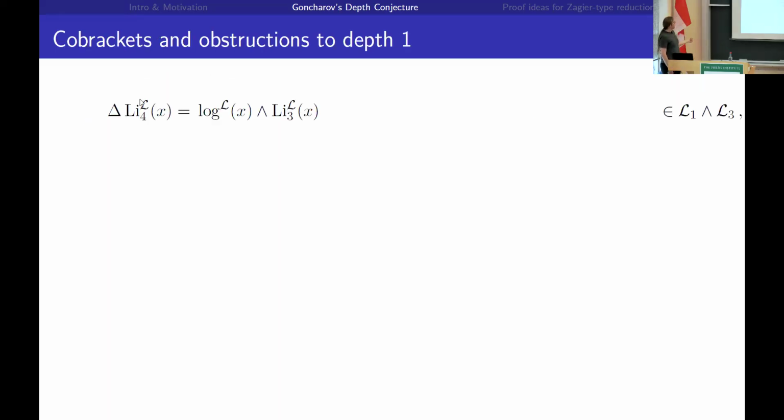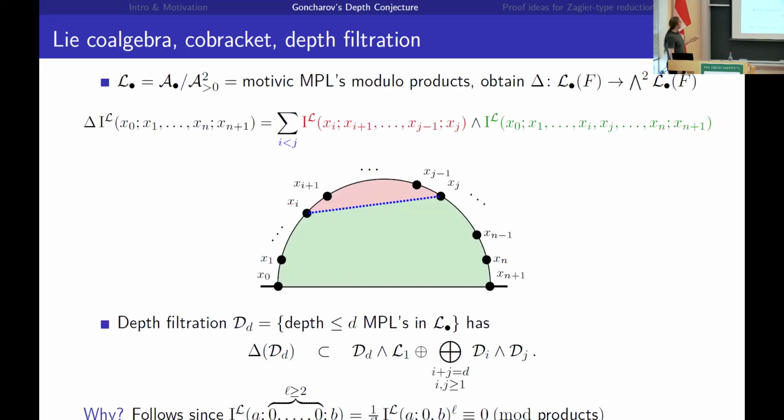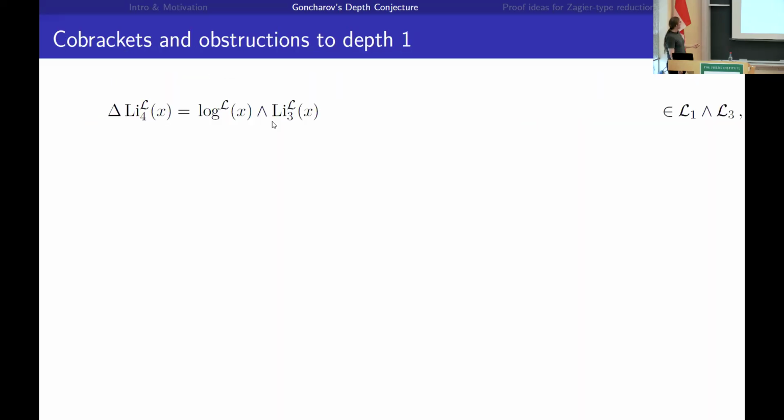So if you do this construction and look at the coproduct of Li4 of x, this formal symbol that is representing the analytic function Li4 of x, you do this computation, doing the semicircle, cutting out segments, and you find that the coproduct of Li4 of x looks like log of x wedge Li3 of x.